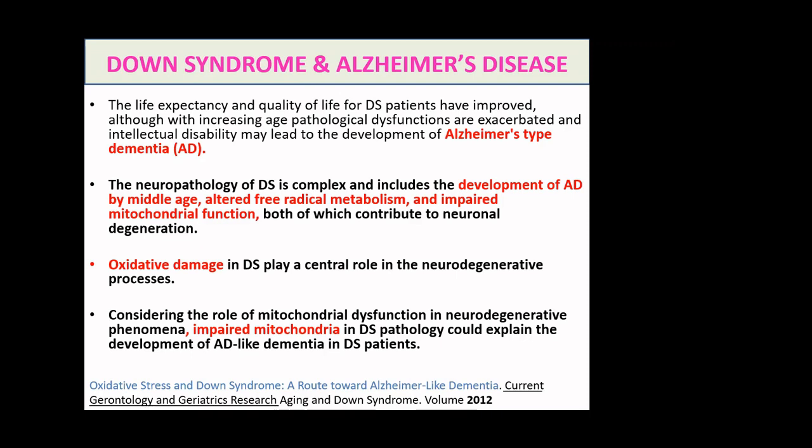In the general population, Alzheimer's usually happens after 50, definitely after 60, or more so after 70. But in some unlucky people, it happened young. For example, one of the famous actors also had it. In Down syndrome it develops much earlier, in middle age.